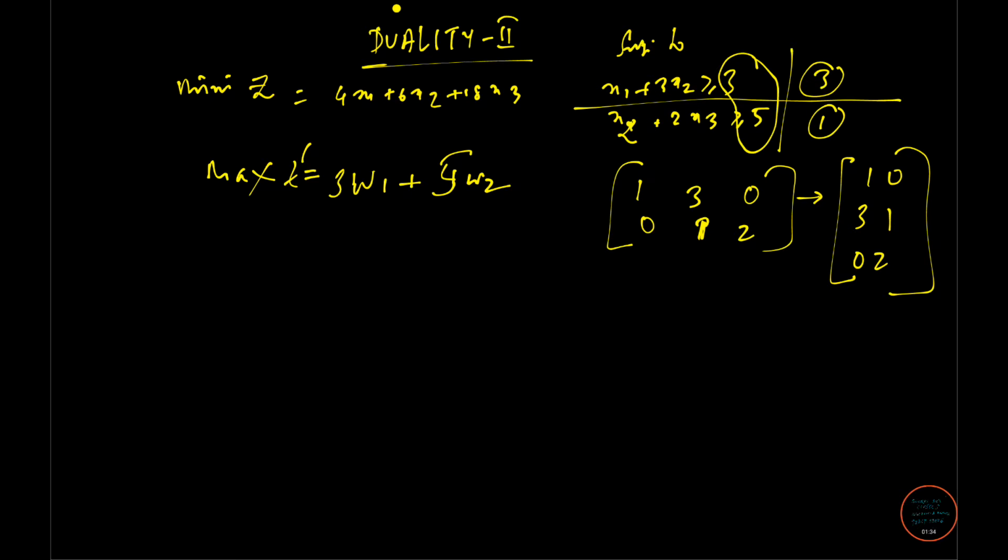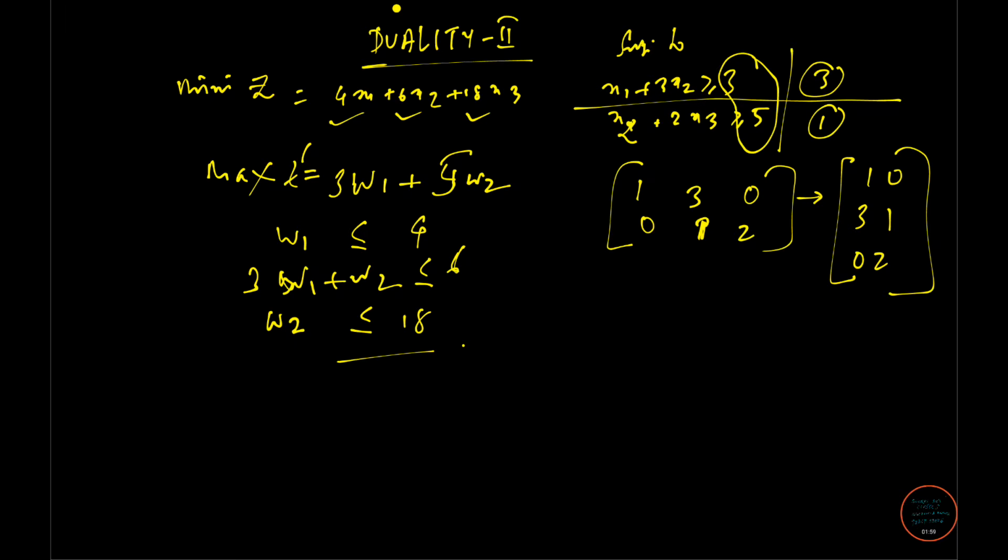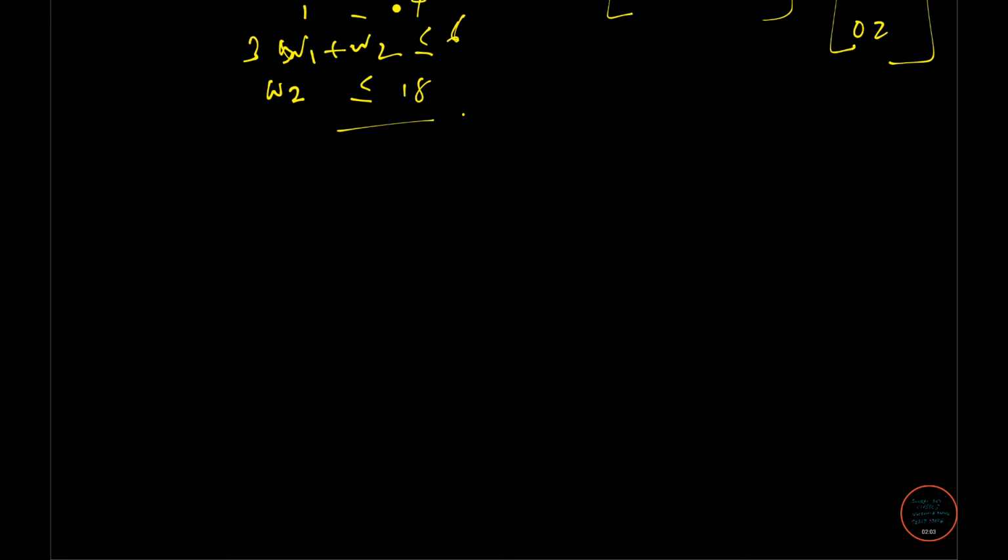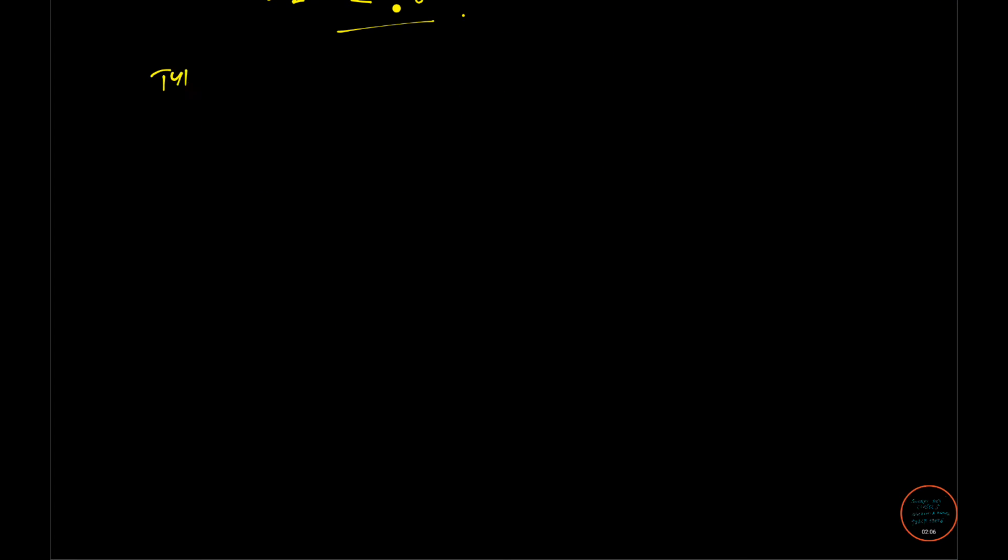So here it will be w1, 3w1 plus w2, and only w2, and all the things will be less than or equal to, as it is a maximization, and that will be these 3 coefficients, that is 4, next 6, and the last 18. That's it.